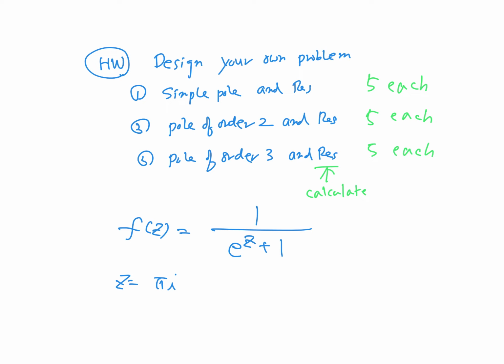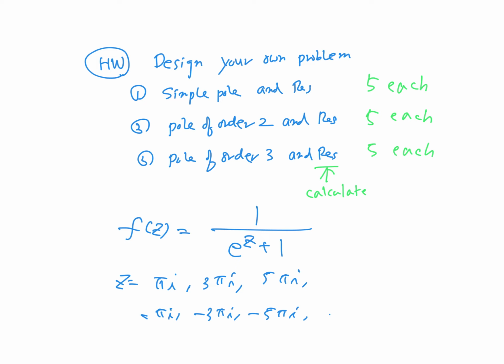Exponential of pi i is minus 1, 3 pi i is minus 1, 5 pi i is minus 1, and so are minus pi i and minus 3 pi i. So it does have infinite singularities on the imaginary axis: pi i, minus pi i, 3 pi i, minus 3 pi i. So it's odd multiples of pi i. Even and odd, you know, right? So odd multiples of pi i are singularities.